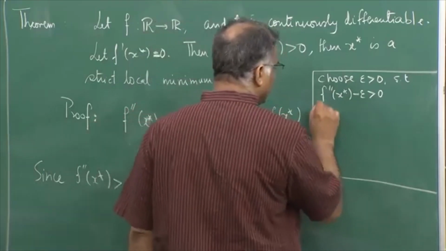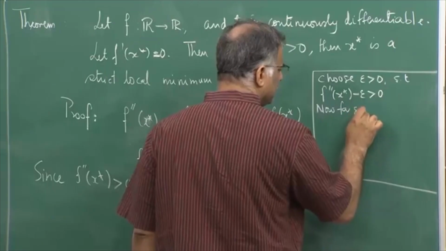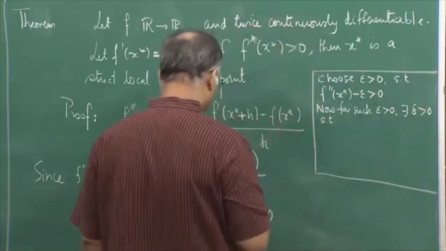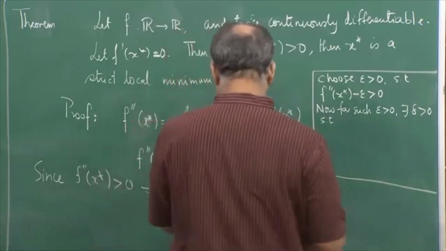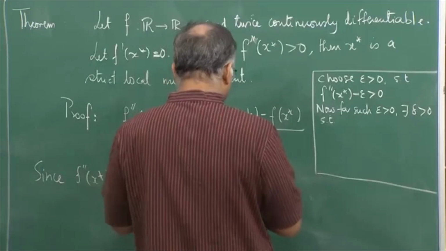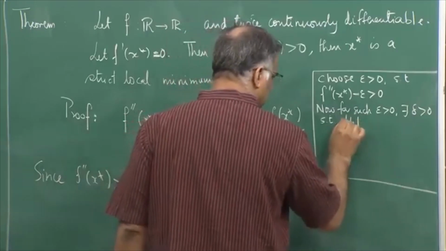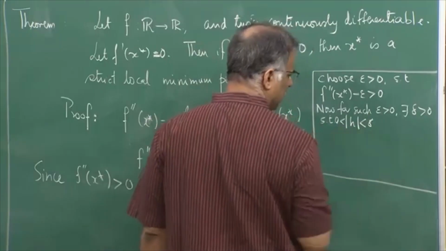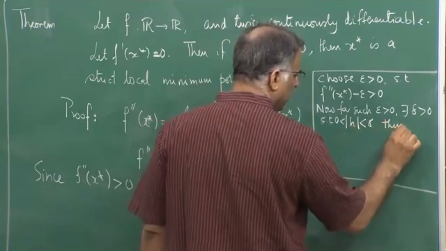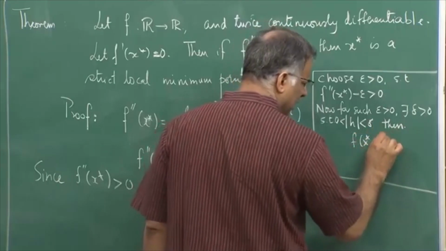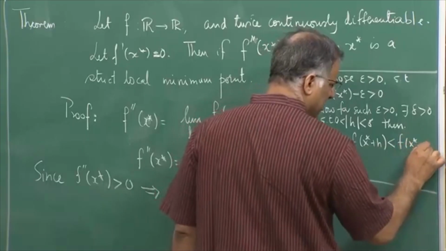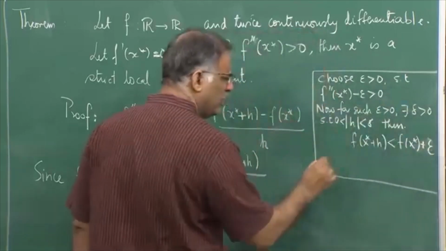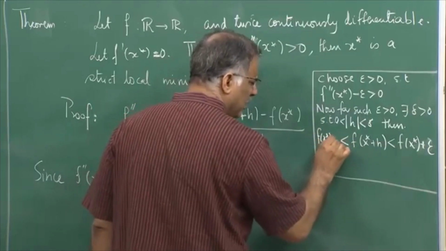Now for such an epsilon, there exists a delta greater than 0 such that whenever |h| is within this domain, we have the quotient strictly less than f''(x*) + epsilon, and also strictly greater than f''(x*) - epsilon.